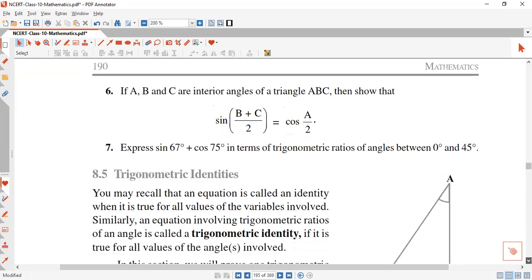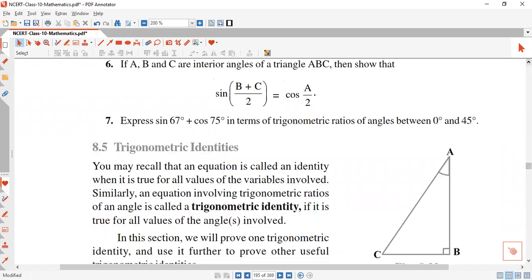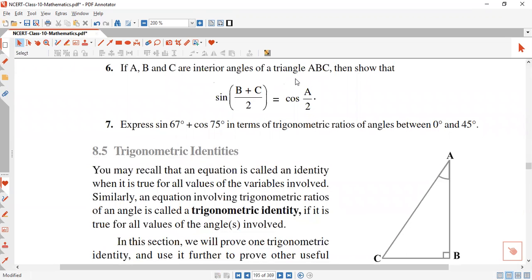Now, question number 6. If A, B, C are the interior angles of a triangle ABC, prove that sine of (B plus C) by 2 equals cos A by 2.